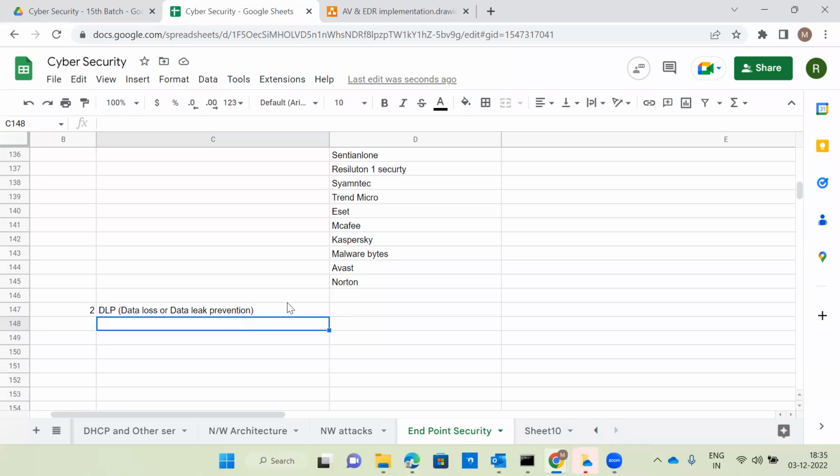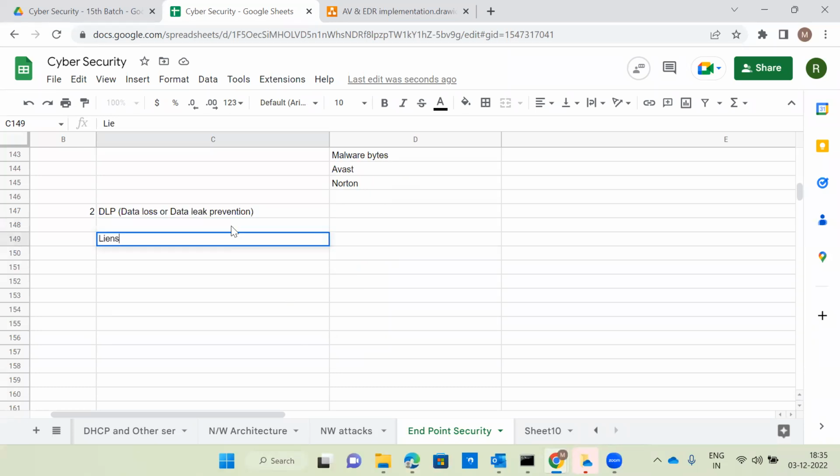First one is the licensing option. As I said in the morning, for all the endpoint security or endpoint solutions we will use the same concept for every solution basically. So what is the licensing option for DLP? Based on the number of endpoints.